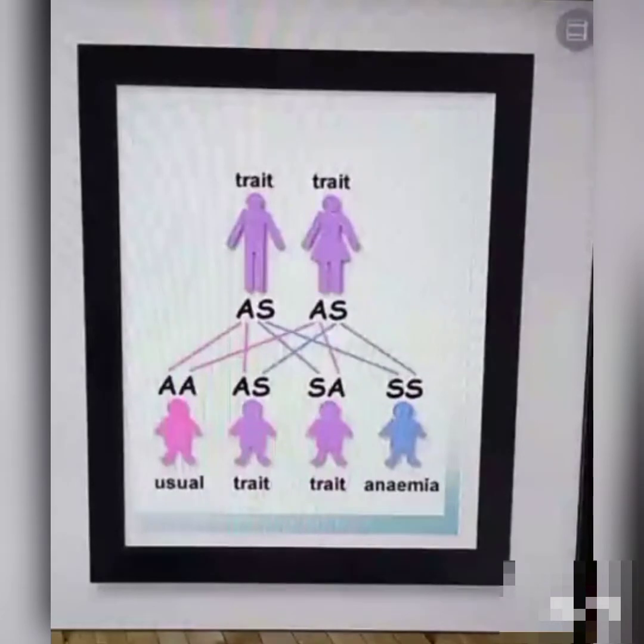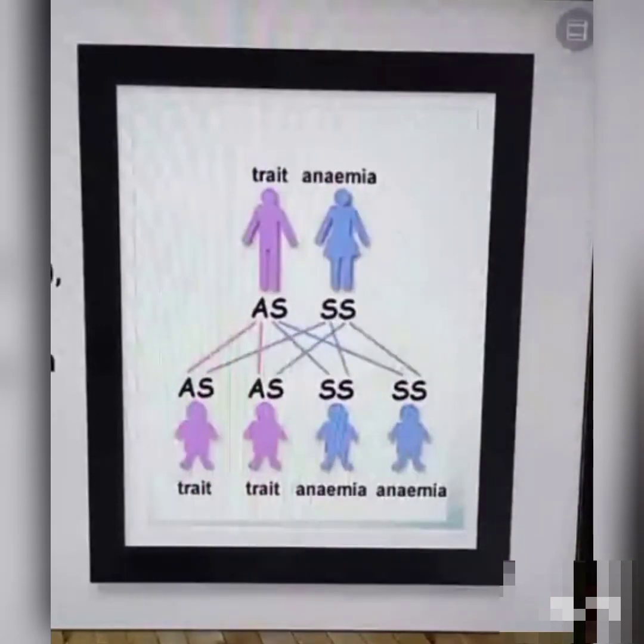Two people looking normal, but they both carry the trait, should not get married because there's a chance that they will pass on the sickle trait, both sickle traits, to the child and have a sickle cell sufferer, that's an anemic patient. Also, someone that has sickle cell already, that's already anemic, should not get married to someone that has a trait, for the same reason that they have a higher chance of producing sicklers as children.